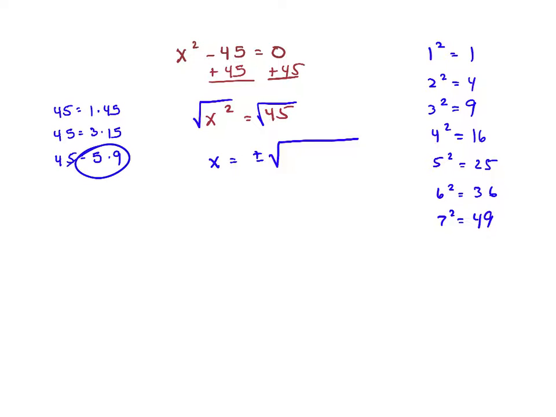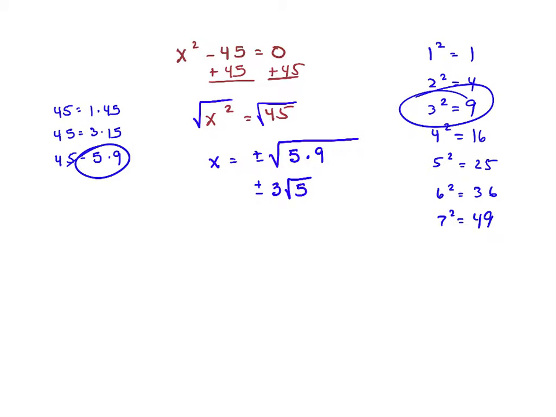And I'm going to use the 5 by 9 factorization. So 5 times 9 is 45, and the reason I want to use it is because 9, you can see over here, is a perfect square, which means I can square root the 9 part. Square root of 9 is 3, and I'll leave the 5 underneath the radical.